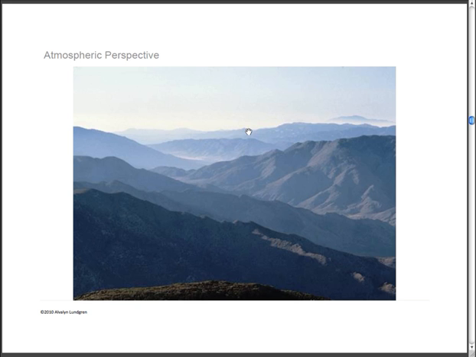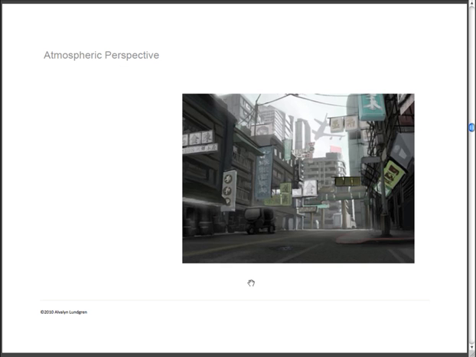So things further away will be less distinct, they'll be less colorful, they'll be much more neutralized than things that are closer to us in the picture plane. That gives us a real strong sense of depth. We see that here also in the cityscape.